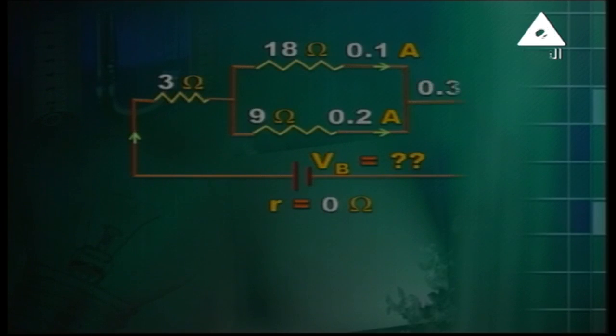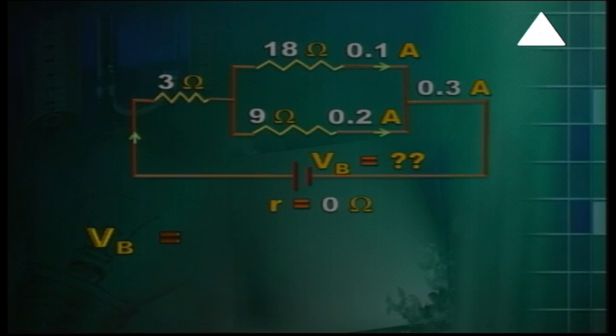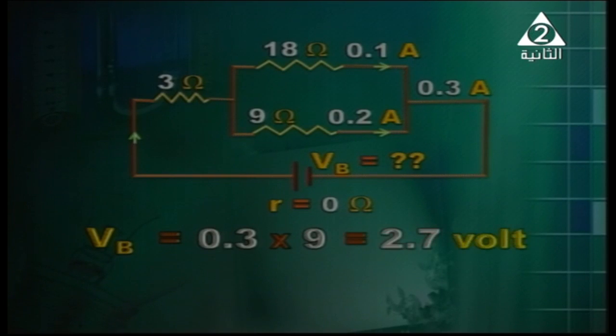Okay, so this is the expected shape. So R equivalent will be equal to 18 times 9 over 18 plus 9, product over the sum, plus 3, it is 9 ohm. Okay, so V battery equals 0.3, the total current, times the total resistance 9, so it must be 2.7 volt.